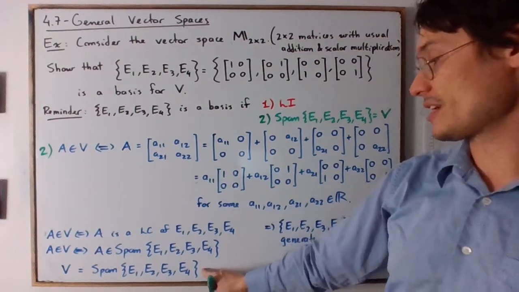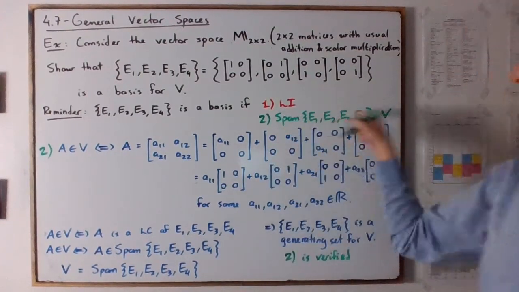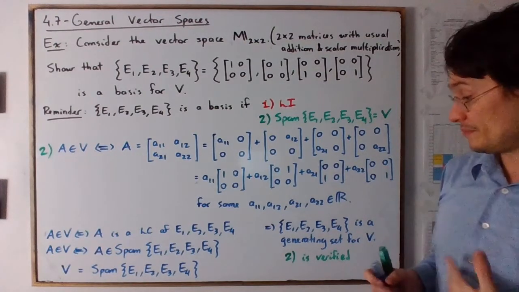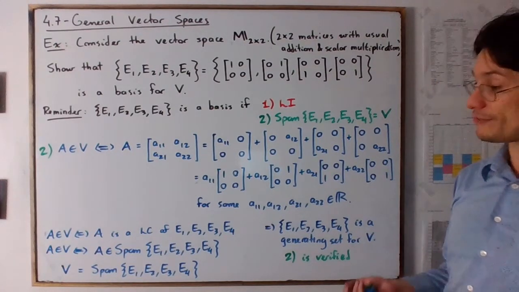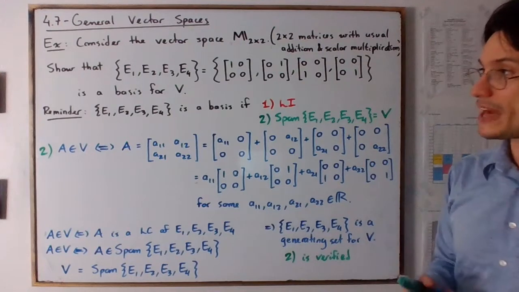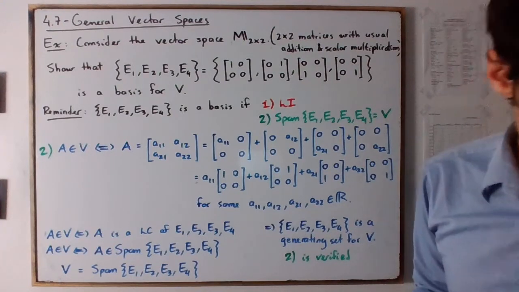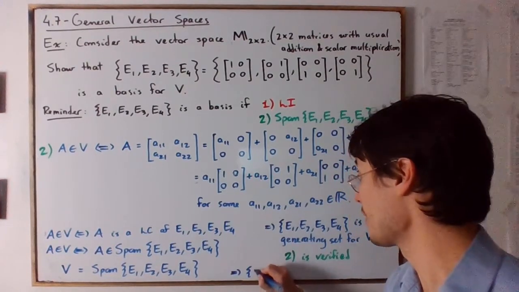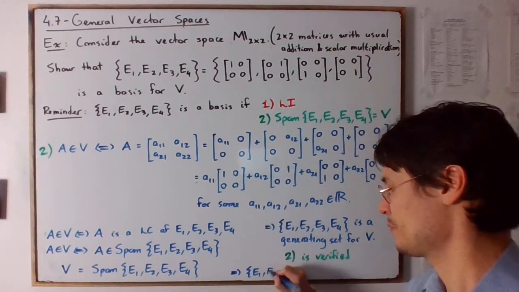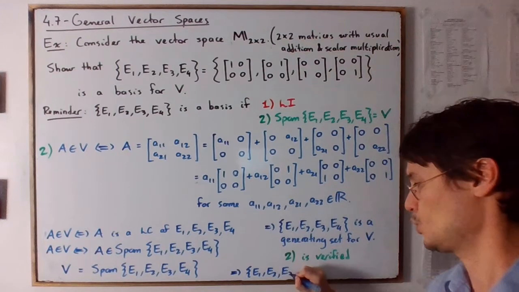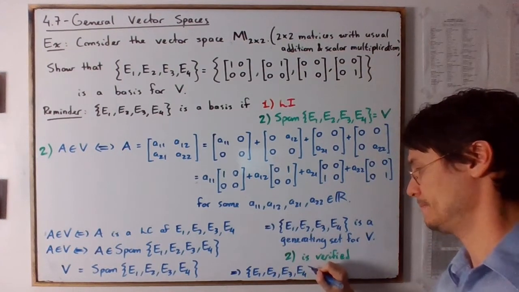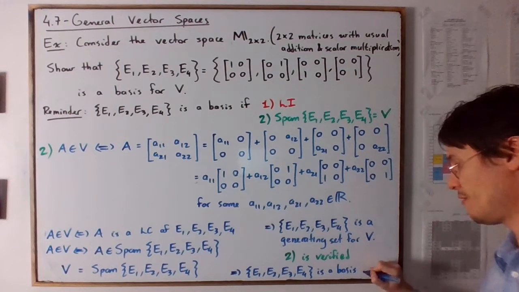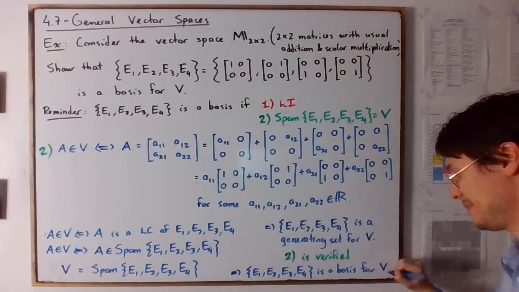Actually, I wrote a little bit too much. You could have just compared this with the number 2 that's written over here right away. All right. So now the full conclusion that we get from it, pairing 1 and 2 together, we see that E1, E2, E3, E4 is a basis for V. There you go.